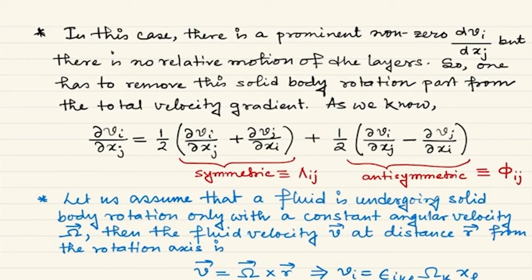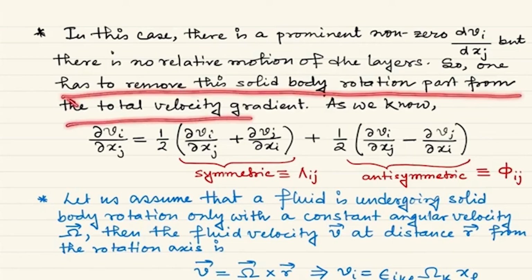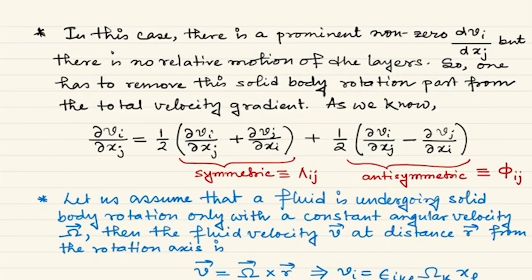There is no other flow. Then one has to remove the solid body rotation part from the total velocity gradient. In case of solid body rotation, we have a non-zero velocity gradient, but the viscous force is zero because there is no relative motion.